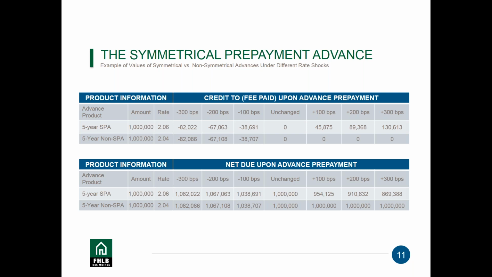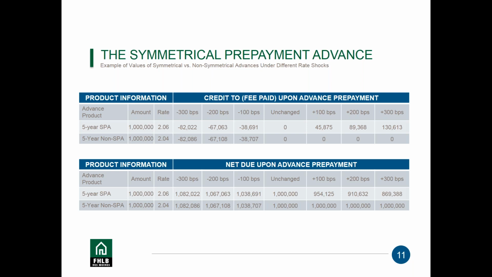As this chart would demonstrate, fees associated with flat or down rate environments are highly correlated, as most terms carry only a 1 or 2 basis point increase to the advance rate in order to include the symmetrical feature. The meaningful difference occurs in an up rate environment.